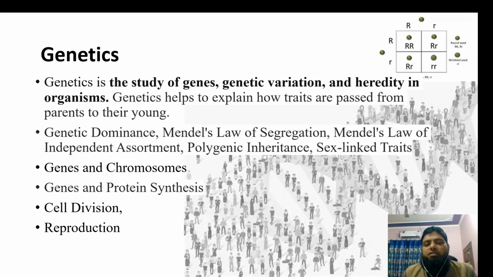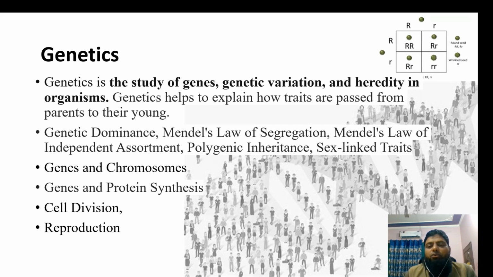So first of all, what is genetics? Genetics is the study of genes, genetic variation, and heredity in organisms. Genetics helps to explain how traits are passed from the parents to their young ones. In conventional genetics, we have different concepts relevant to genetic dominance, Mendel's law of segregation, then Mendel's law of independent assortment.